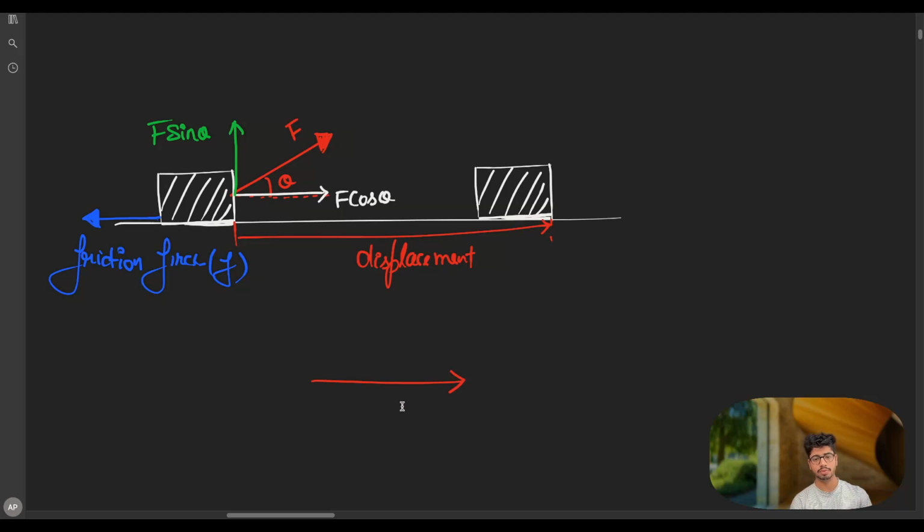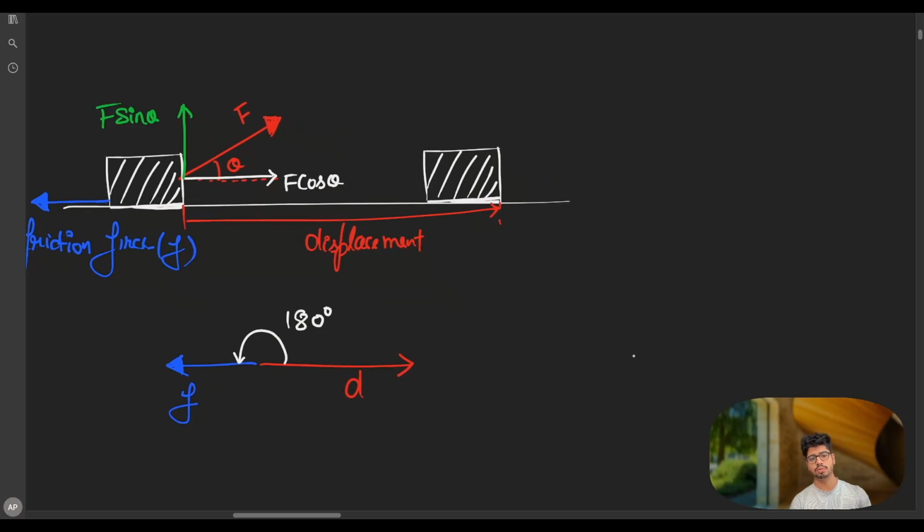This is the displacement vector, I'm going to call it the d vector, and this is the friction force vector. What is the angle between them? If the two vectors are opposite to each other, then the angle between them is 180 degrees. So cos 180 degrees.